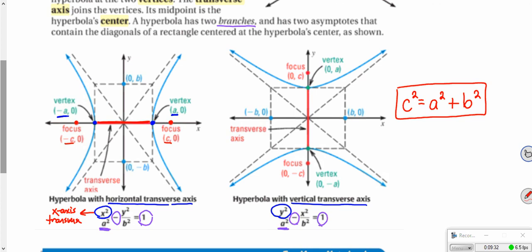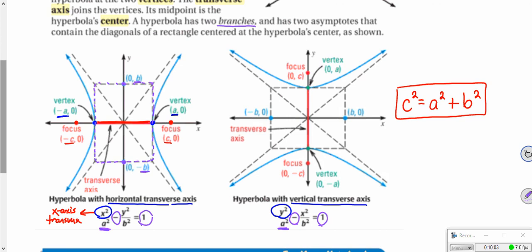Now, the only thing that B is really used for, you can see those dashed lines. Your B gives, notice this is B, and this is negative B. This gives us, notice these dashed lines, a box. I'm big on drawing the box because I'm a visual person, but that box is where we get our asymptotes.